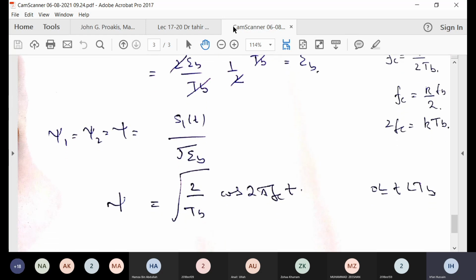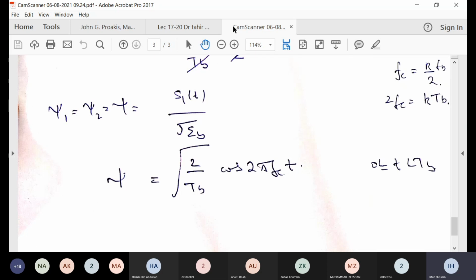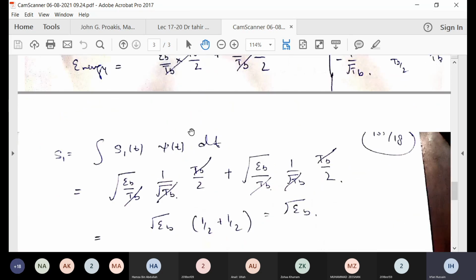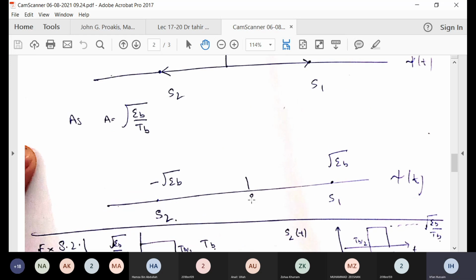Written how to find psi, S1 divided by root EB. Hence your psi will be found. You can find the projections of S1 and S2 onto psi, which you can very well see is under root EB. So the same diagram will be more than enough, and these signals are under root EB and minus under root EB.